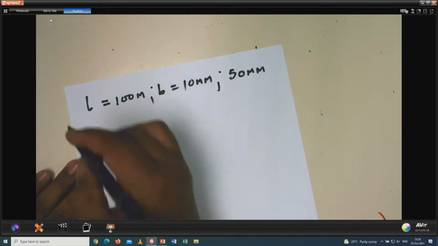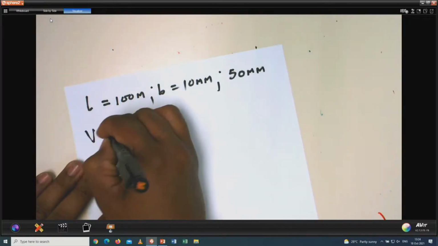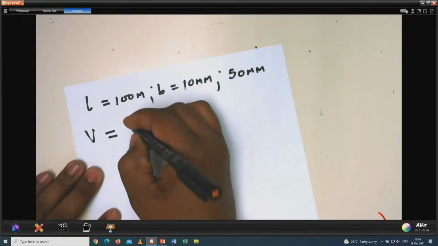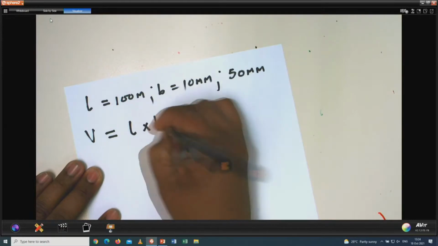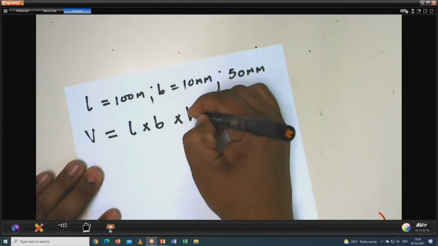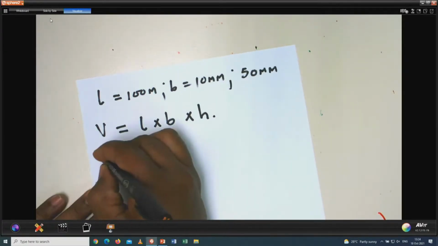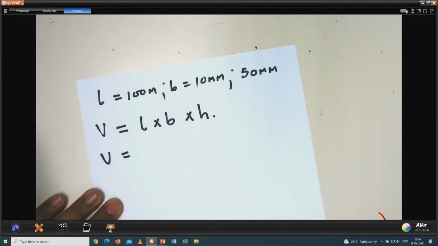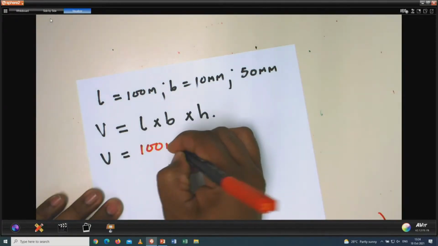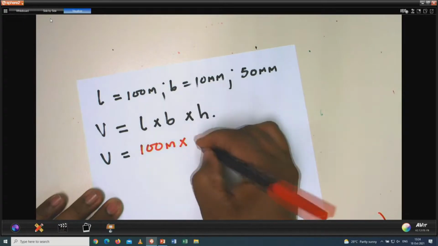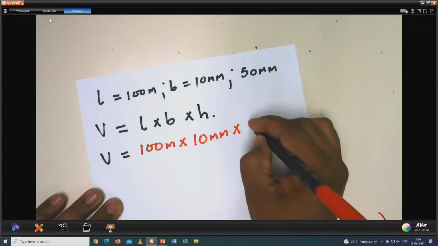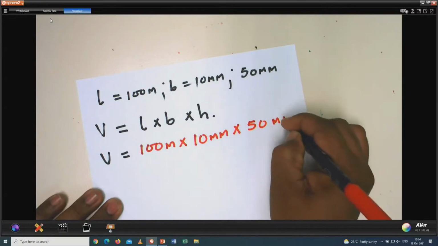Now we'll say, what is the formula? V is equal to, we said, start with the area of the base, length multiplied by breadth. Then it will be multiplied by what? By the height. Then now let us do the substitution. What is the length? It's 100 millimeters multiplied by the breadth, 10 millimeters, multiplied by the height, 50 millimeters.